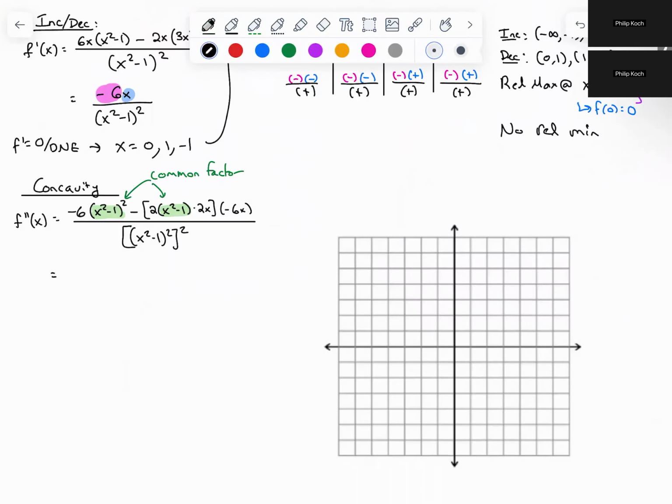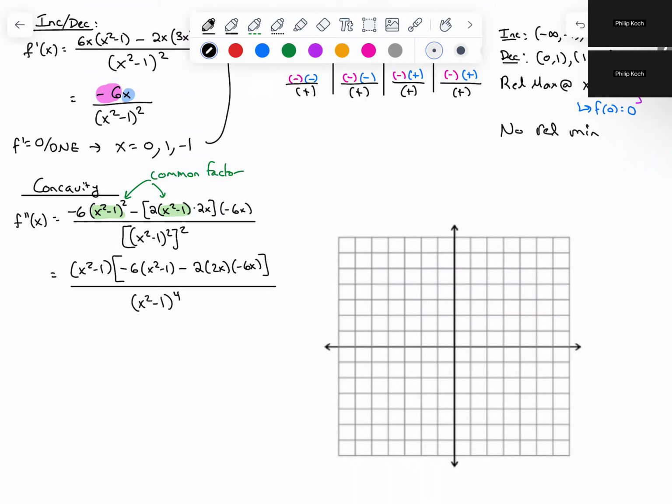So this will equal (x squared minus 1) bracket -6 times (x squared minus 1) minus 2 times 2x times -6x, all divided by (x squared minus 1) to the 4th, because it'll be 2 times 2, because a power raised to a power, you multiply the powers. And aha, one of those will cancel.